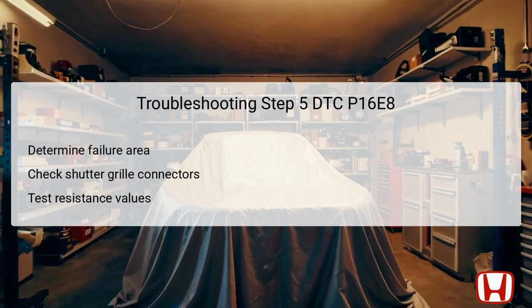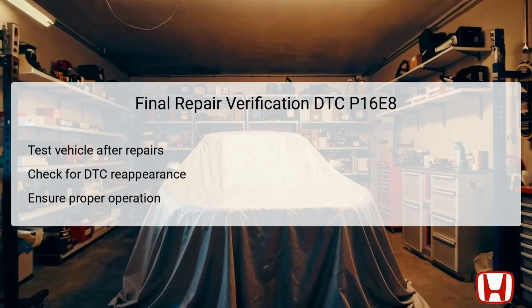other associated components. Upon completing repairs related to the DTC P16E8, it is essential to conduct a final repair verification to ensure that the solutions implemented effectively addressed the problem. This consists of retesting the vehicle using the HDS to check for the reappearance of the original DTC, as well as other error codes.